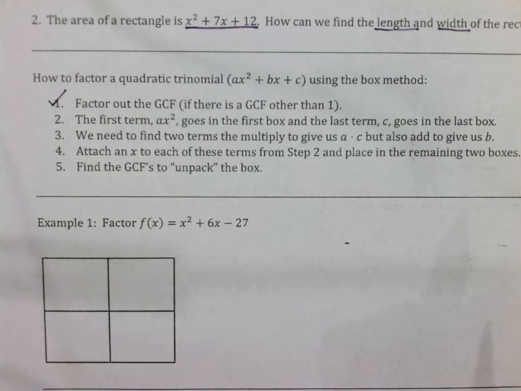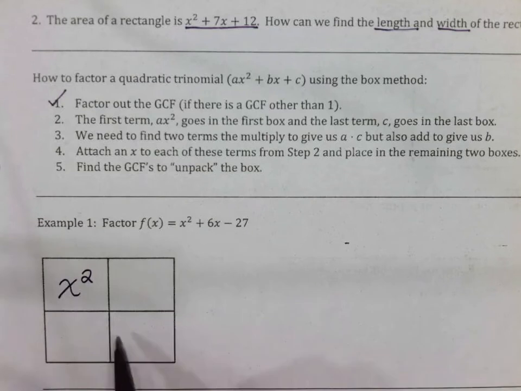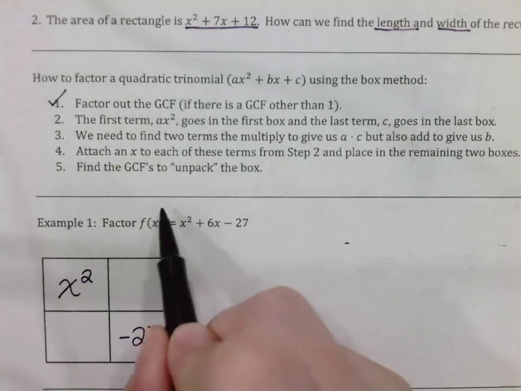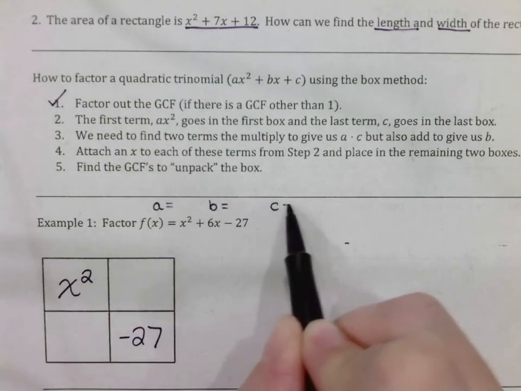All right, so filling in these two boxes is pretty simple. The first term goes in the first box, and the last term goes in the last box. So these are the easy ones. Figuring out these two boxes takes a little bit of work. So we're going to start by listing out our A, B, and C values.